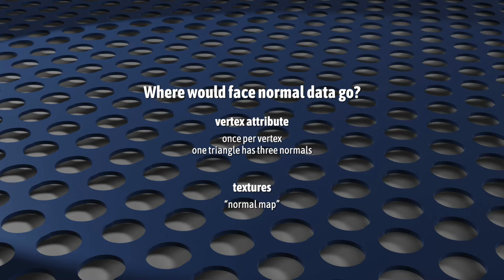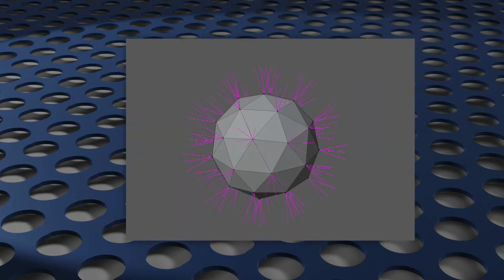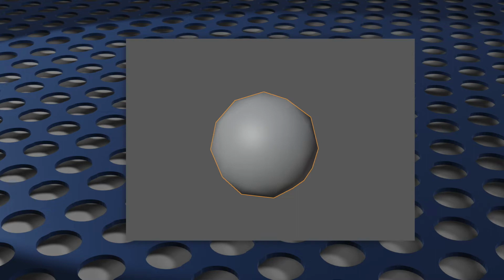So, one normal repeated 3 times for every triangle? Sounds like a lot of duplication, right? Well, yeah, for flat shading like this, yes, it is a lot of duplication, but that's actually okay. In fact, it's basically unavoidable. But we'll see later how we can use different normals for every vertex to achieve smooth shading.